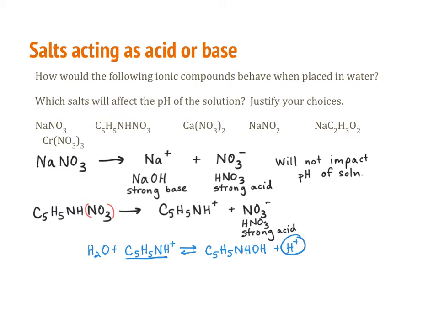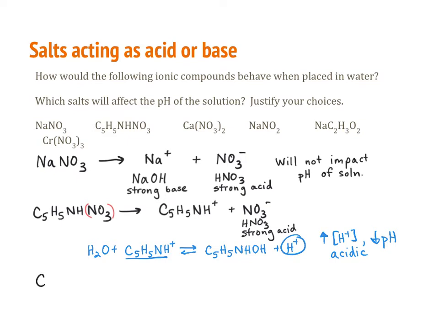And if you increase the concentration of H+, this will decrease the pH, or in other words, make the solution acidic. So this salt that we started with will make the pH of the solution lower. Let's move on to the next example.